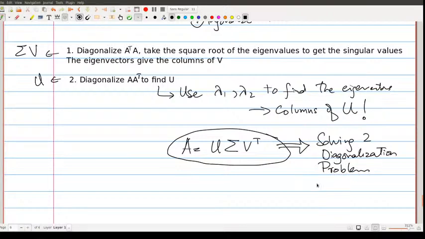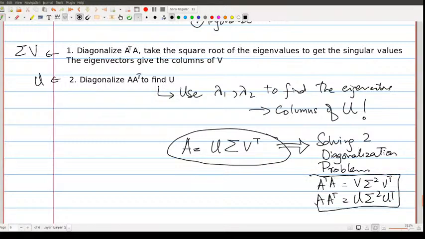The two diagonalization problems are A transpose A is equal to V sigma squared V transpose, and A A transpose is equal to U sigma squared U transpose. And that's it. So that's the best thing that you can do for the general A matrix. With an M by N matrix, that's the best that you can do.